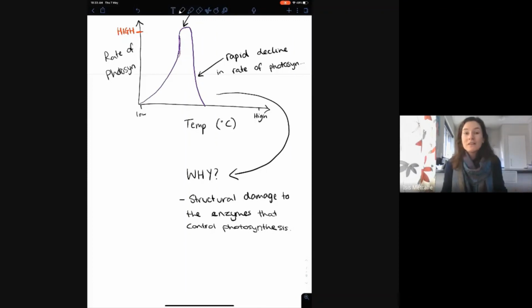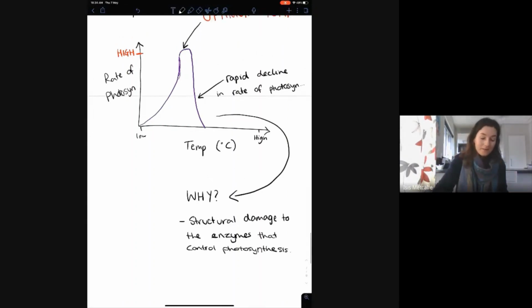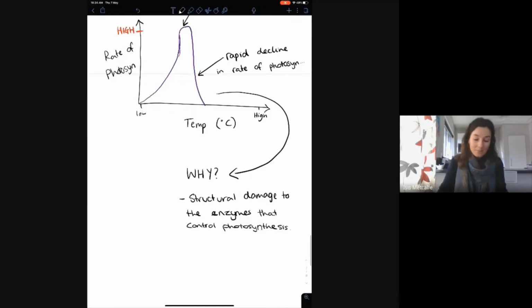That's why fever is so dangerous in babies, because if those babies get even like 1 or 2 degrees higher than the like 37 degrees that we're meant to be at, it can start to destroy all of the enzymes in that baby's body that is essential for like all of its biological processes. So this graph here is the same in humans as well.